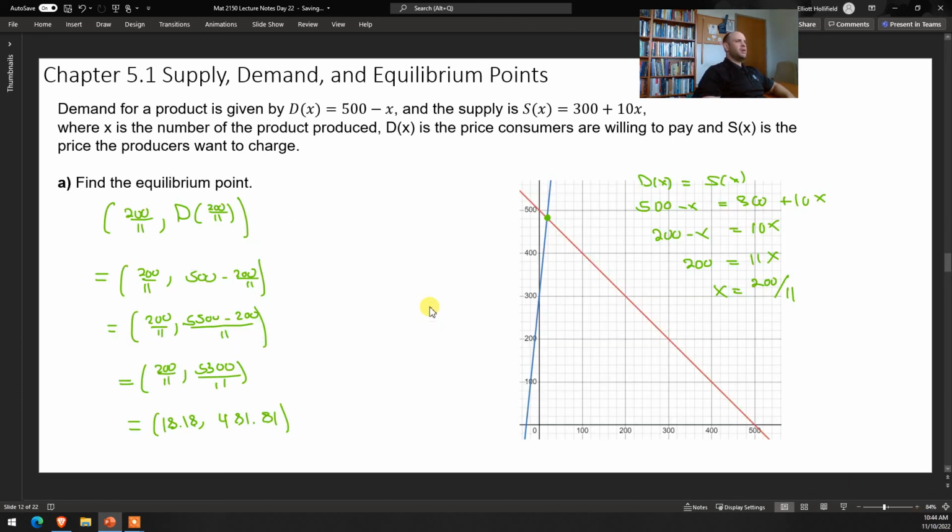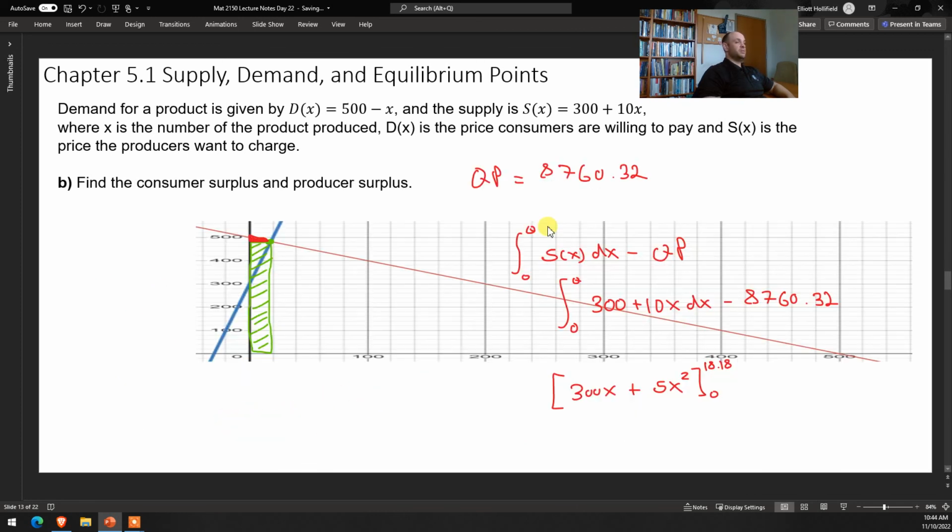Did I get those in the right order? Yes, 18.18 was the units produced, and 481.81 was the price.